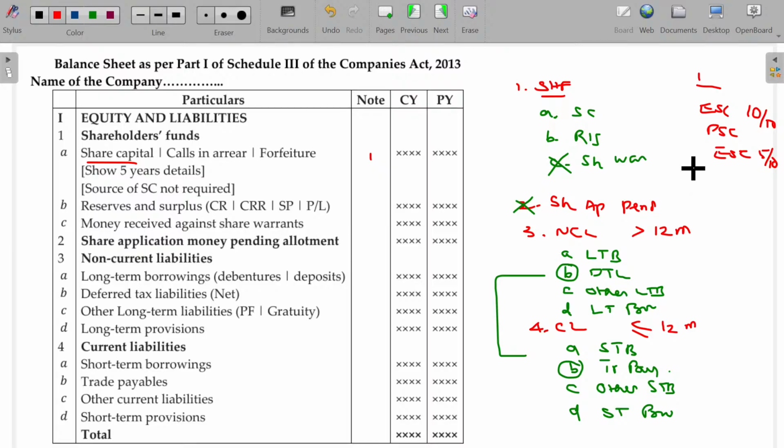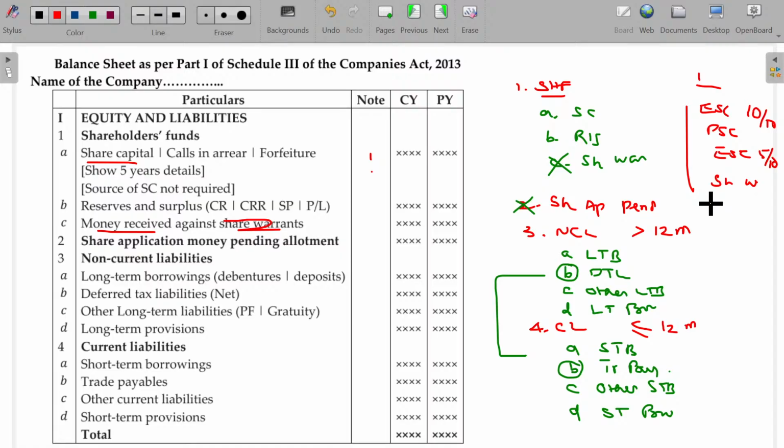And when it's all about money received against share warrants, don't state this as a part of share capital. If you show this, it is not accepted. Because on the very first page itself, there should be a line for money received against share warrants. If you are able to show it as a separate line on the very first page, don't go to the next page to check whether there is any detail in workings.